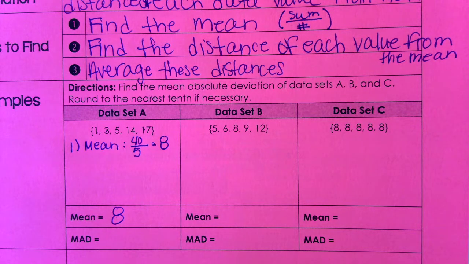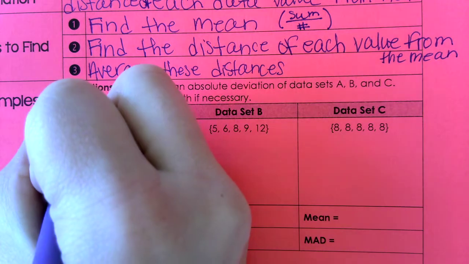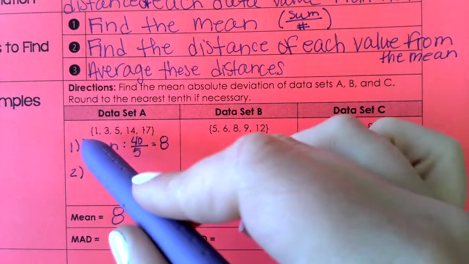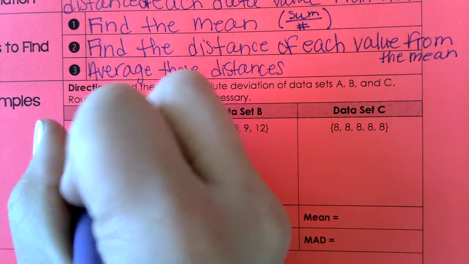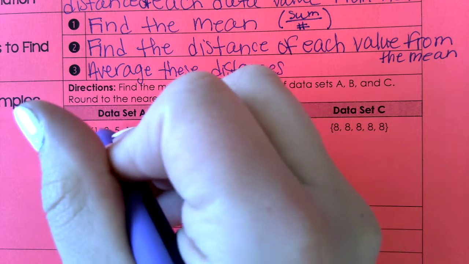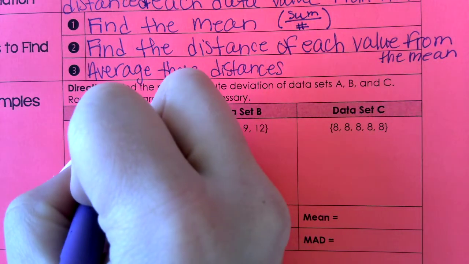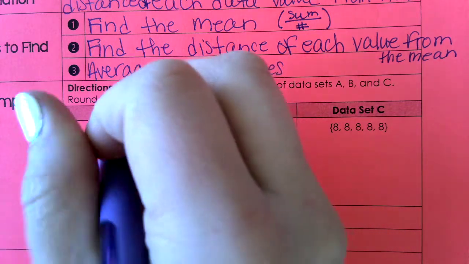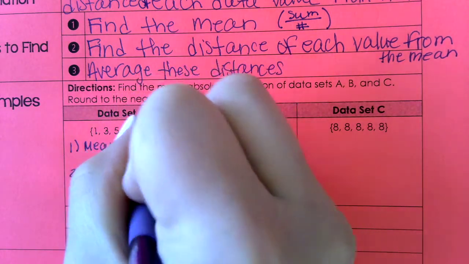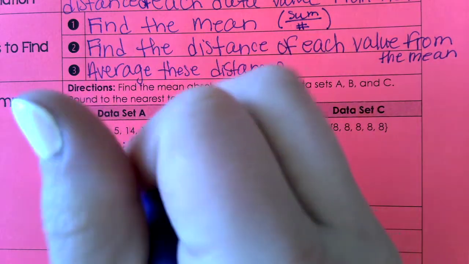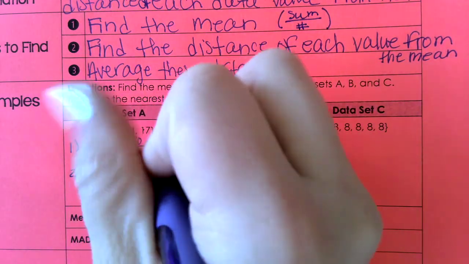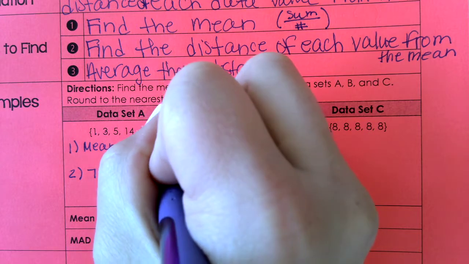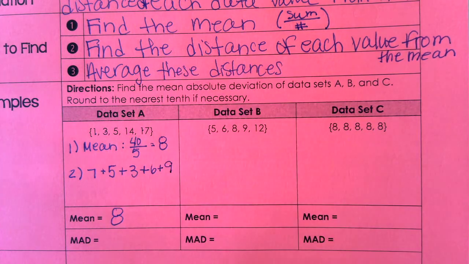Now I'm going to see how far these numbers are from 8. How far is 1 from 8? 7. How far is 3 from 8? 5. How far is 5 from 8? How far is 14 from 8? How far is 17 from 8? 9.